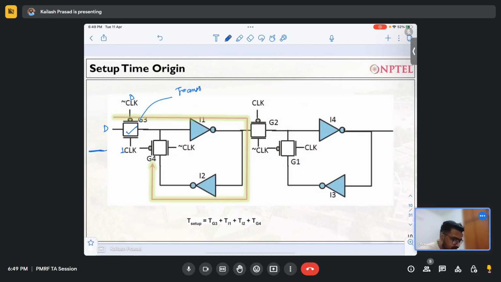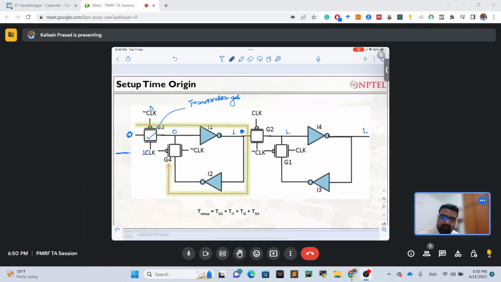Suppose you want to write 0 over here, and the output node is at 1, this is also at 1, so this is the previous data. Now you want to write 0 over here. So 0 will go over here, then it will be 1 actually, 0 bar.